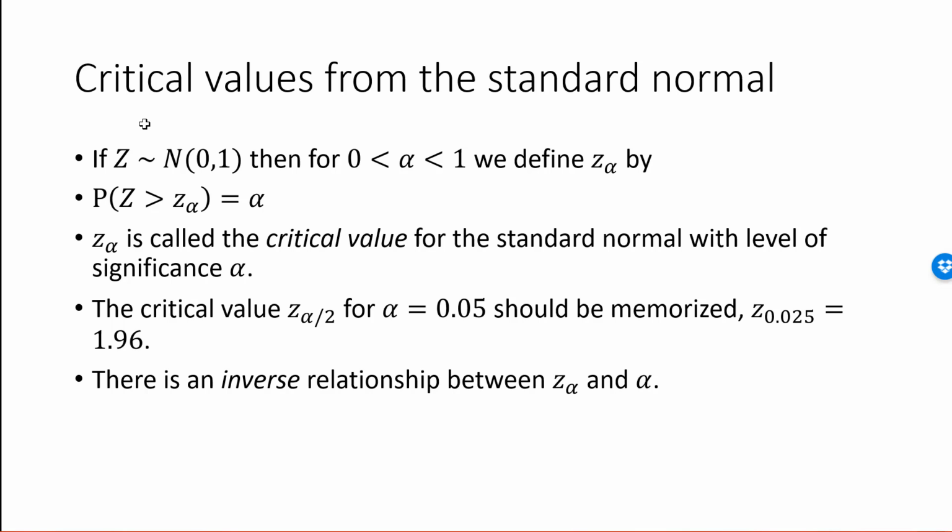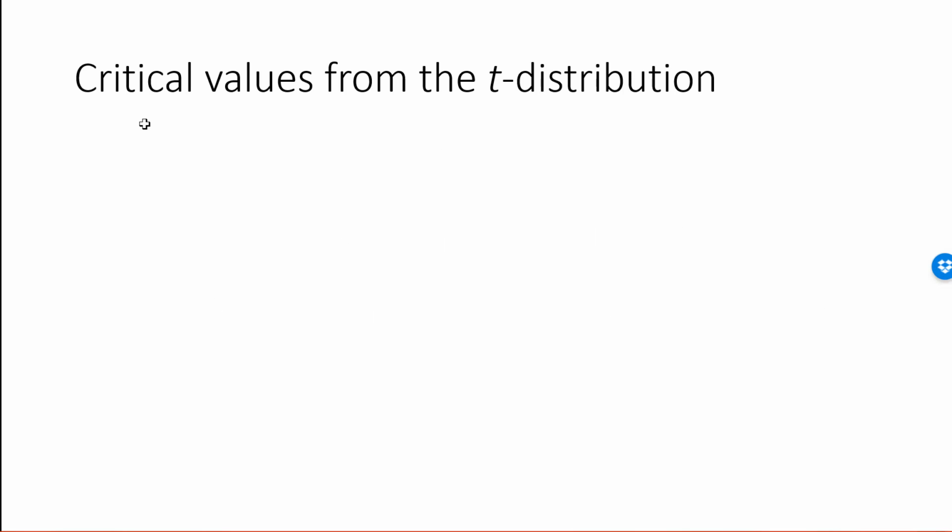Moving on to the t distribution, we do pretty much exactly the same thing. Now I have a random variable t that follows a t distribution with k degrees of freedom, and for any alpha between 0 and 1, alpha again being the size of the right-hand tail, we define t alpha just like z alpha, but we have to tack on a k here because we have several different t distributions.